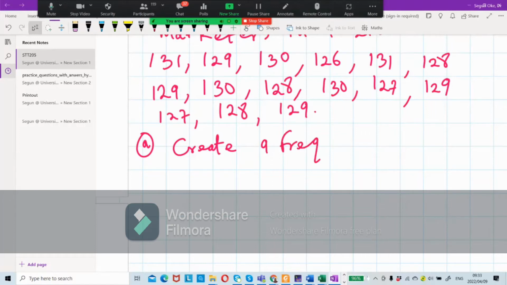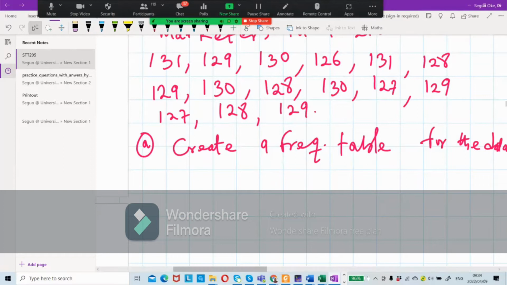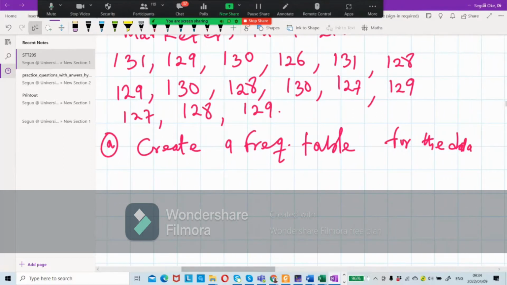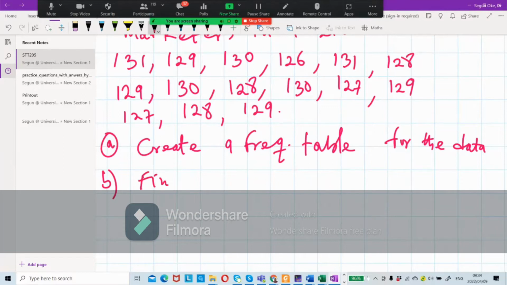Create a frequency table for the data. B, find the mean, median, and mode.